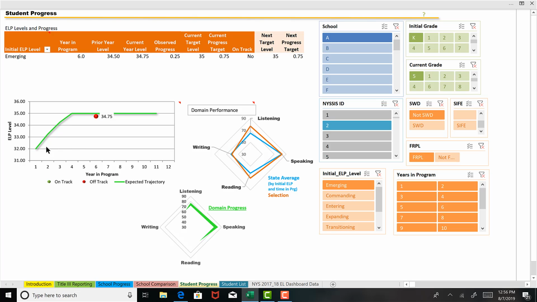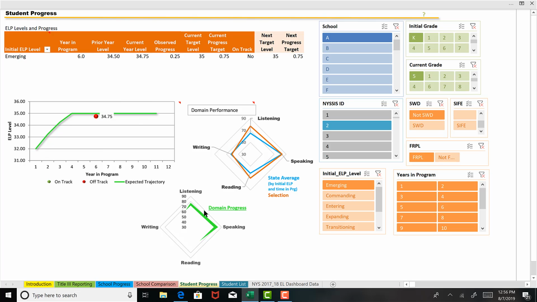And then this is presented graphically in this chart here, which demonstrates what this student's expected trajectory looks like given where they started. This green line shows the trajectory, and then the red dot, which would be green if the student were on track, indicates where that student is currently.